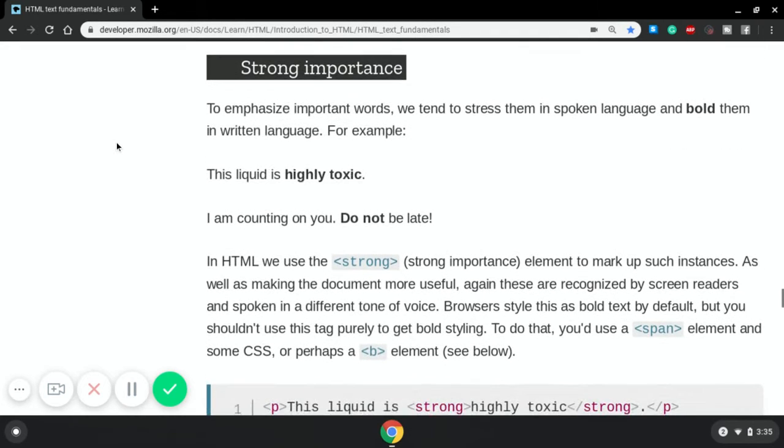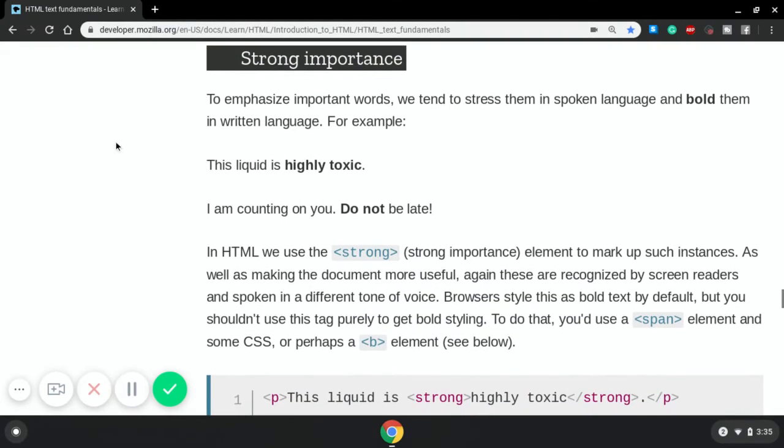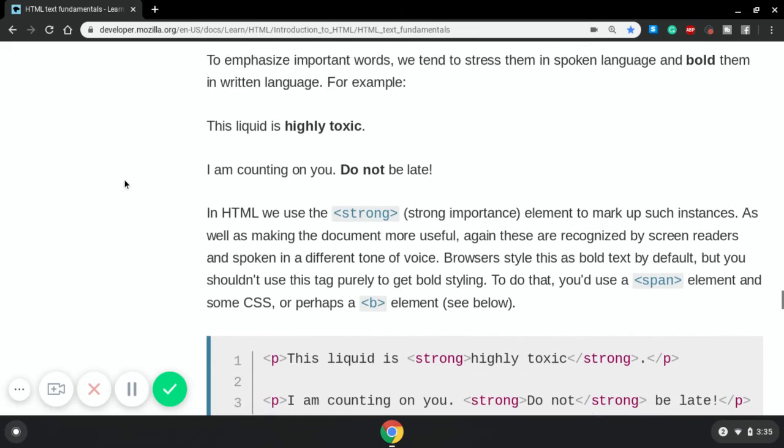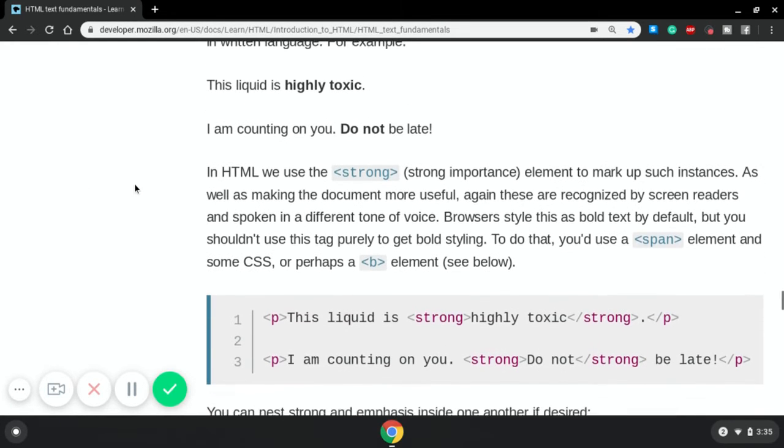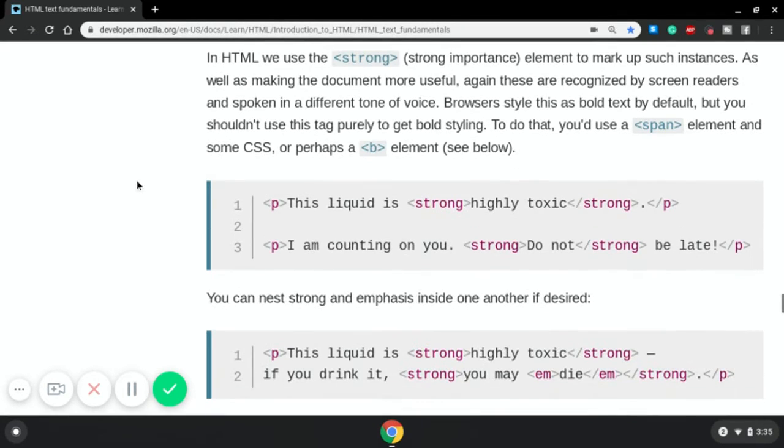Strong importance. To emphasize important words, we tend to stress them in spoken language and bold them in written language. For example, this liquid is highly toxic. I'm counting on you. Do not be late. In HTML, we use the strong importance element to mark up such instances, as well as making the document more useful.